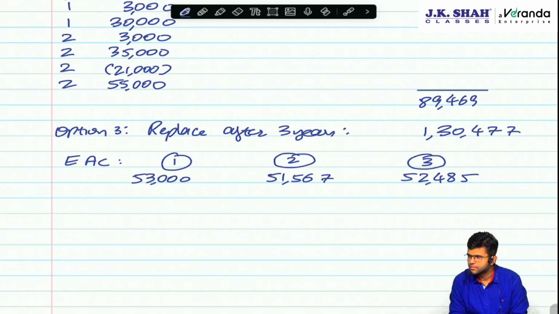Rounding off difference will be there, that's okay. 52,487, something like that. Okay.